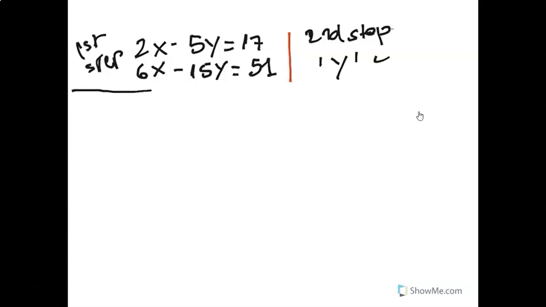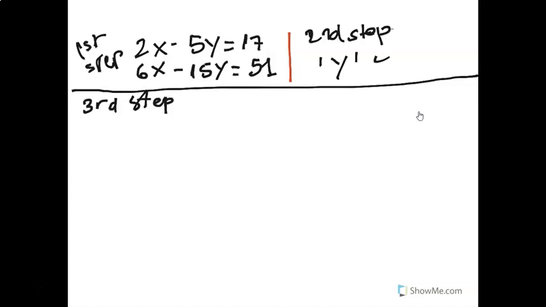So my third step, and this is the most important step, and I'm going to explain why. So I'm going to slow down here a little bit. You have to switch the coefficients of the variable you want to eliminate, okay? And then you need to manipulate the signs so you eliminate a variable. What do I mean?